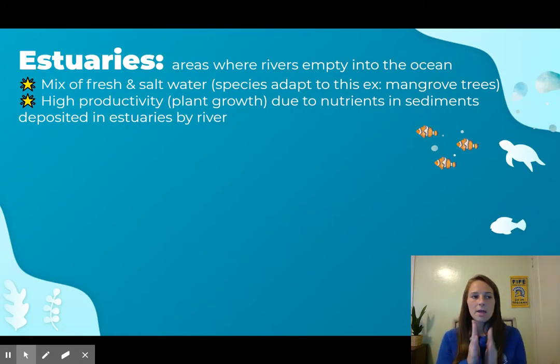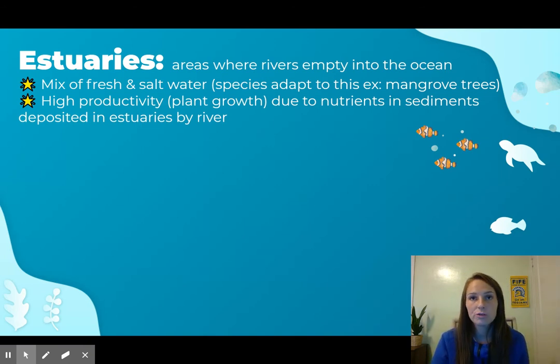Estuaries are kind of the in-between between freshwater and saltwater because it's where rivers empty into the ocean. So you get the mix here where you have the fresh and the saltwater. Now species have to be adapted to freshwater and saltwater, which is not as easy as it sounds. So an example of this would be a mangrove tree.